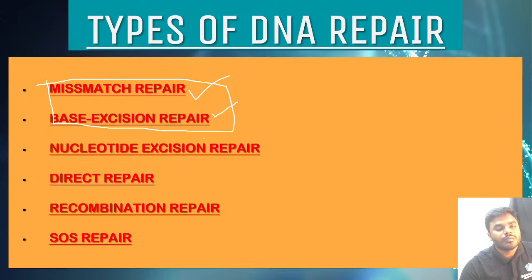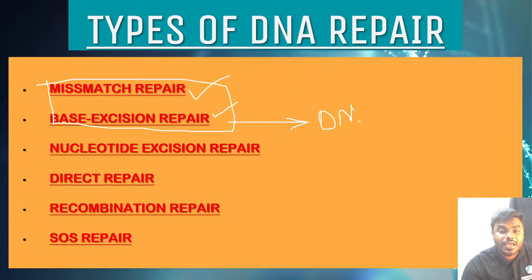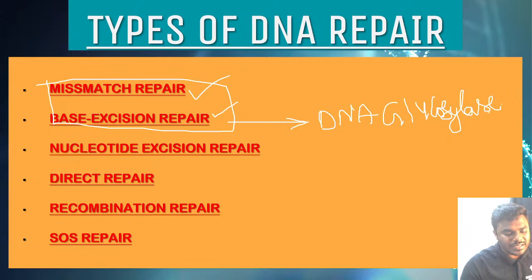Now, in the case of the base excision repair mechanism, I told all of you to remember one of the most important types of enzyme. That is what, friends? DNA glycosylase enzyme. DNA glycosylase is the major enzyme involved in this particular base excision repair.